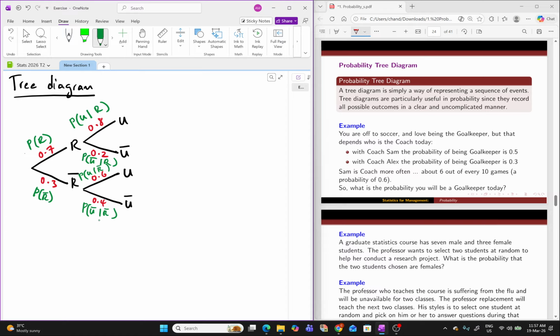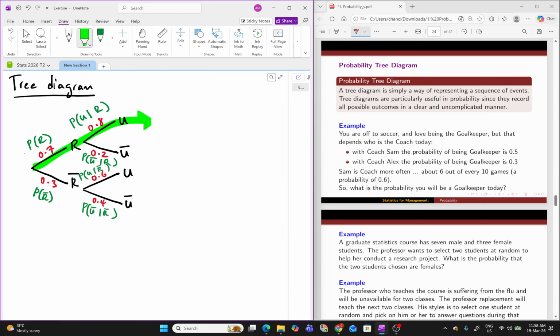Now let's see the probability of raining and you bring an umbrella. Raining, you bring an umbrella, you go by branch.